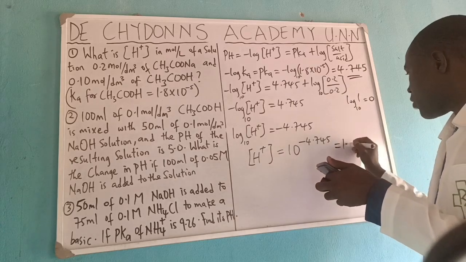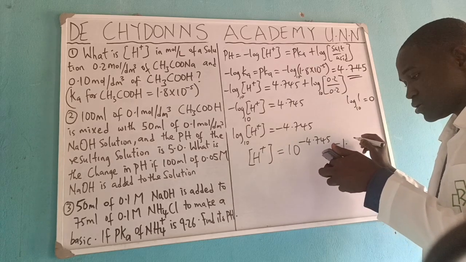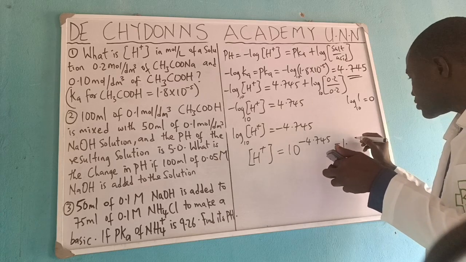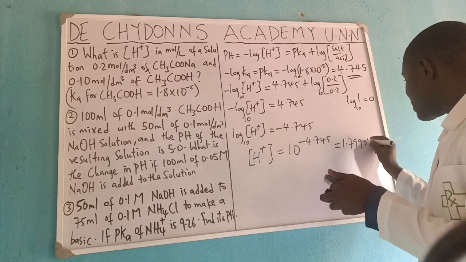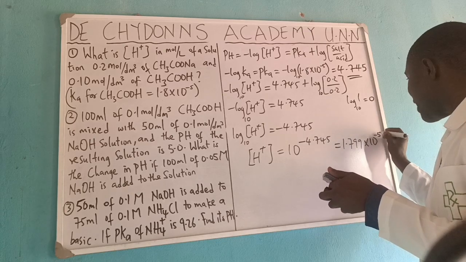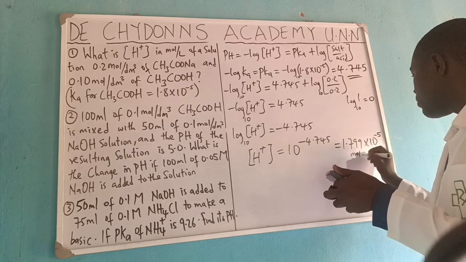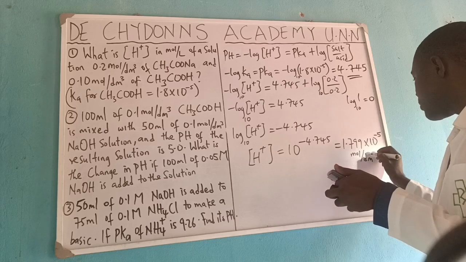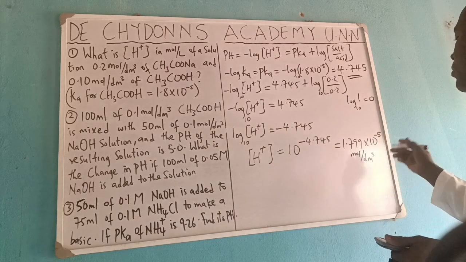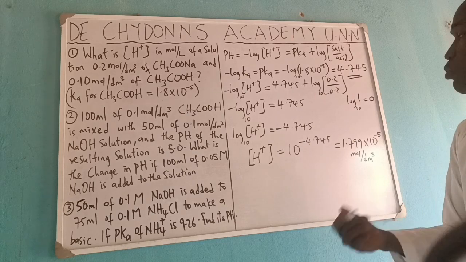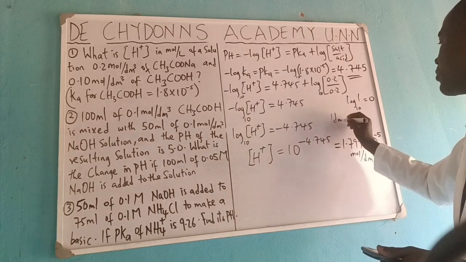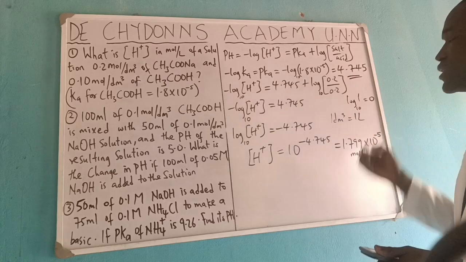The answer will now be 1.799 times 10 raised to the power minus 5 mole per dm cube. And mole per dm cube means mole per liter, because 1 dm cube is equal to 1 liter.